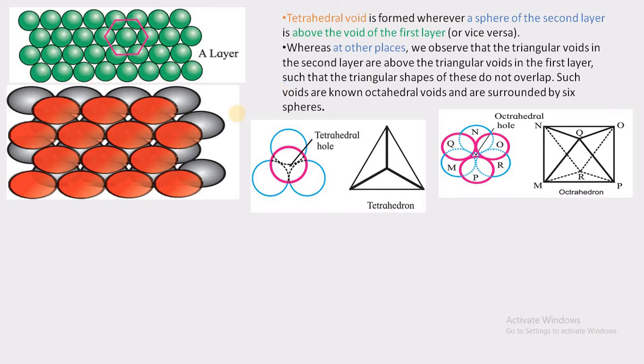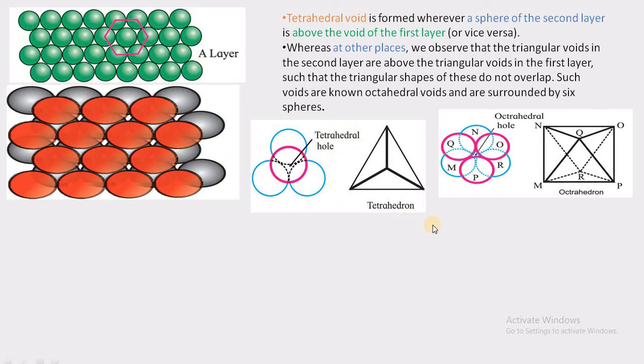Before that, consider the formation of tetrahedral holes and octahedral holes due to the placement of the second layer on the first layer. If the sphere of the second layer is placed exactly above the void of the first layer, then a tetrahedral hole or tetrahedral void is formed.